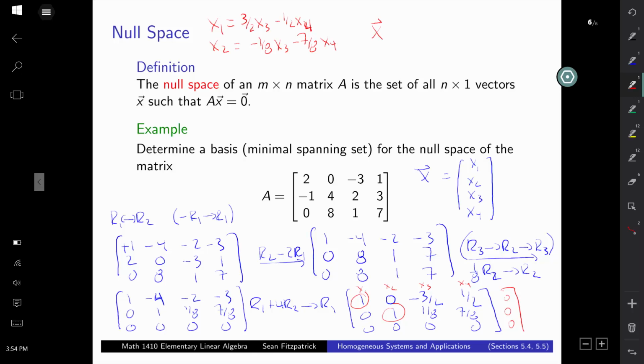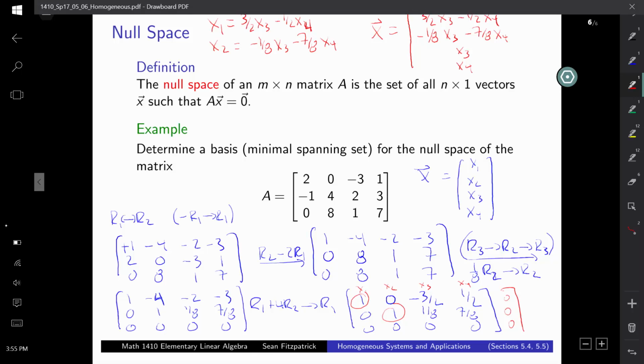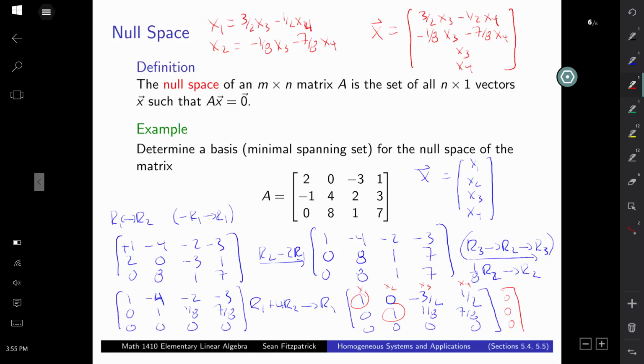That means that if I plug those in, x looks like 3 over 2 x3 minus 1 half x4, then minus 1 over 8 x3 minus 7 over 8 x4, then x3, then x4.